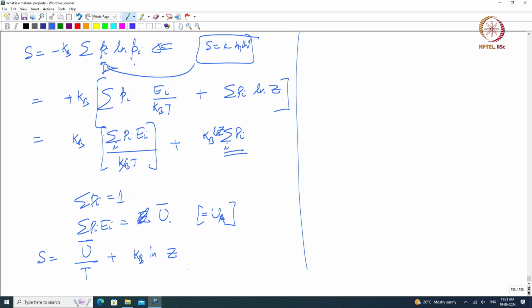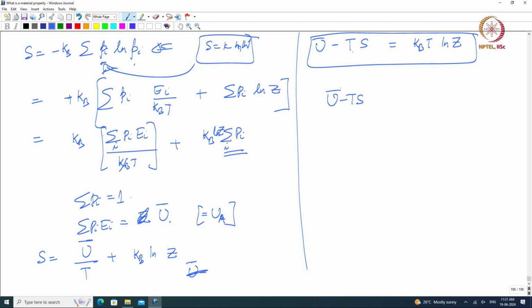Or in other words, I have U minus T S, where T is the temperature of the reservoir and S is the entropy of the system, is just minus kB T ln Z, right. Now, what is U minus T S?